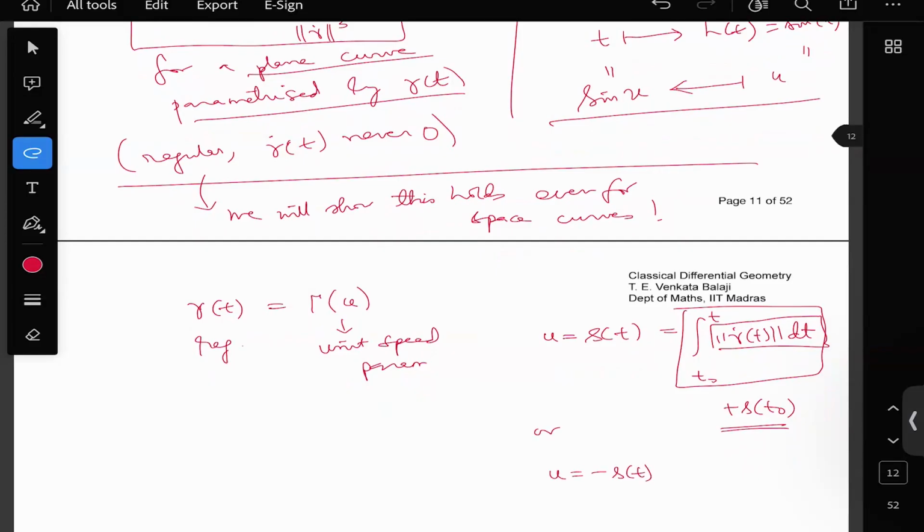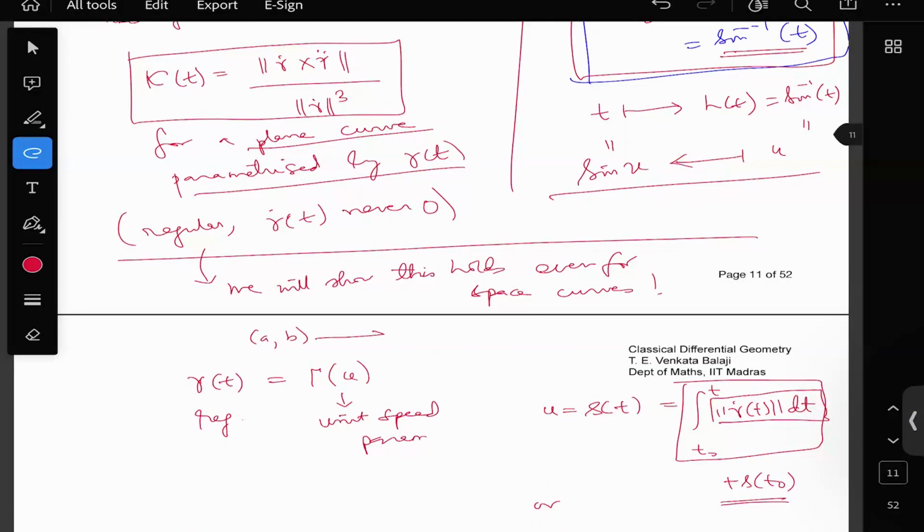And why does this minus sign come? That's because when you make this change of variable, let me remind you. Originally your parameterization was going from an open interval (a, b) on the real line to R2; this was your gamma, t going to gamma of t.